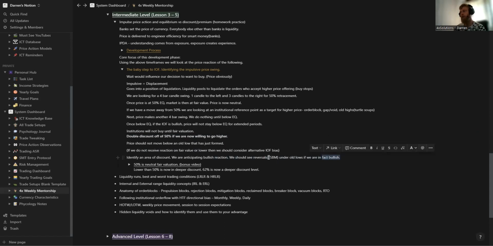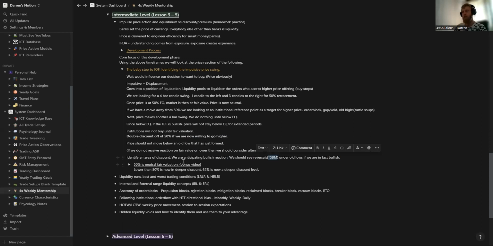Turtle soup buy model is basically a turtle soup, but because we're in a discount, it is a buy model, TSBM. There's obviously the reverse to that, which is TSSM, turtle soup sell model, if we are in a premium.